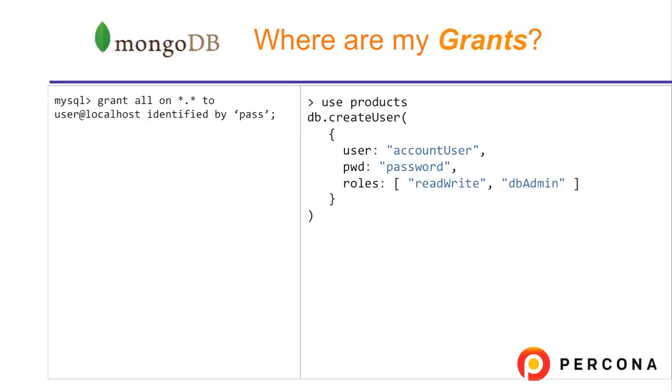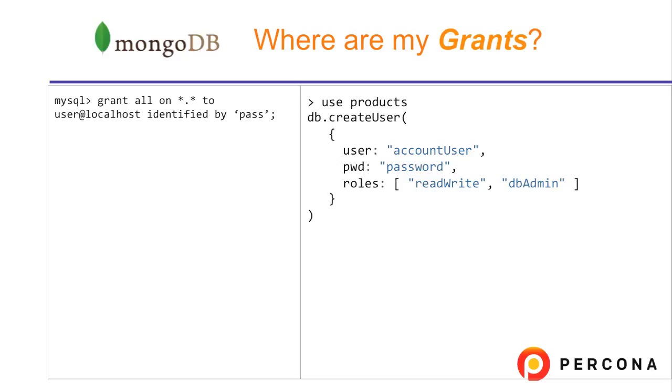Now, where are my grants? The grants are quite different. The access level control is quite different in MongoDB compared to MySQL. And also, the bad thing about MongoDB access level control is that it has been changed a lot from version 2 to version 3.2.